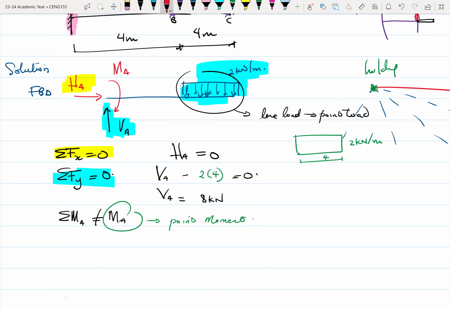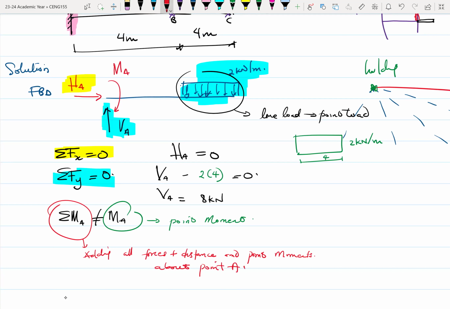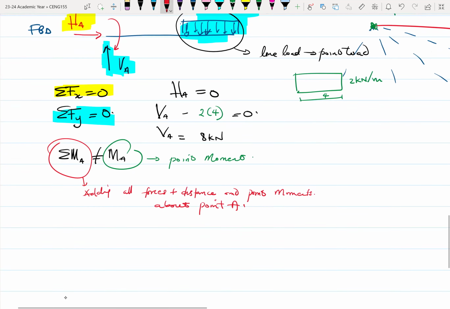Then when you say summation of moment about A, it means that you are adding all forces times their distances, and point moments, about point A. So that's the difference between the two.